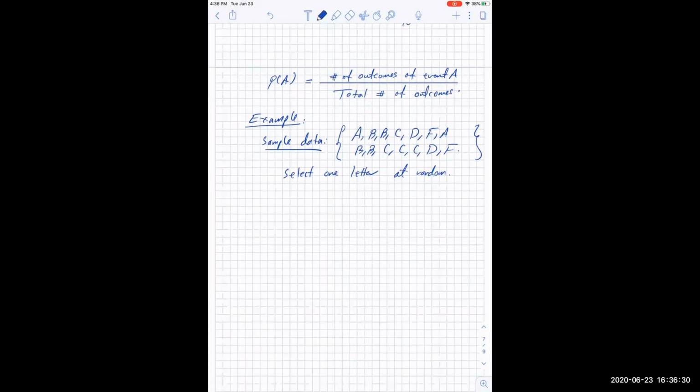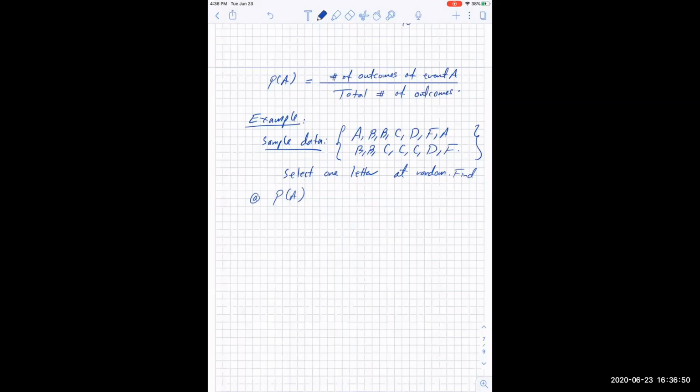What is the probability of selecting the letter A? Okay, so now notice the letters A, B, C, D, F are not equally likely to occur.